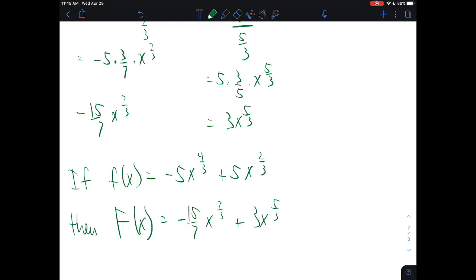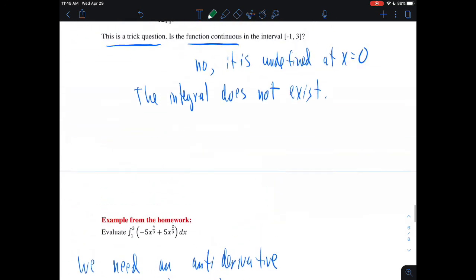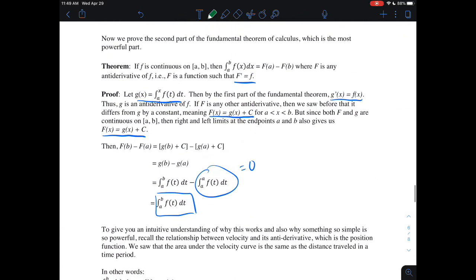Now, if we wanted to say what's a general antiderivative, then there would be a plus C from what we learned in section 4.9. But for the purposes of the fundamental theorem of calculus part 2, where we are actually evaluating an integral, I want us to keep in mind that in the proof, notice what happened to these constants, capital C. They canceled out. So for the purposes of using the fundamental theorem of calculus part 2, we actually don't need these general constants.